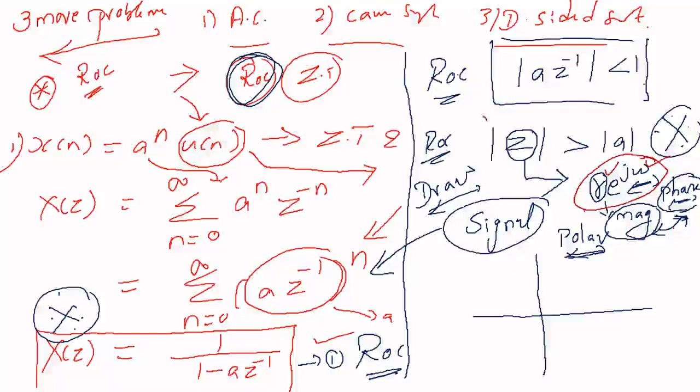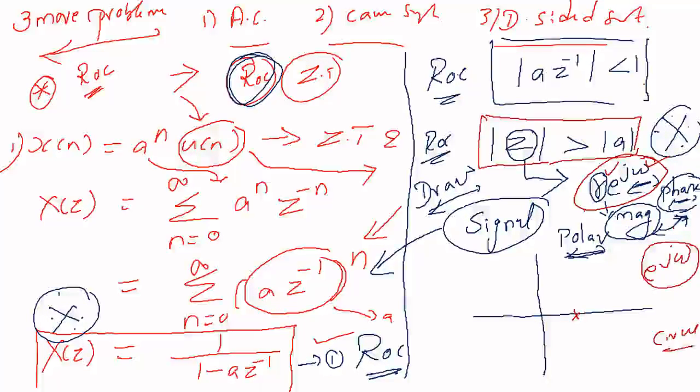So as per this, the region of convergence is modulus of Z greater than modulus of A. So we can mark a point A here. Marking A, since e power j omega is nothing but a circle, if you want you can substitute various values of omega and you will get a circle actually. Mark this correctly: this is the boundary, not inside, this is the boundary. So I will be forming a circle.